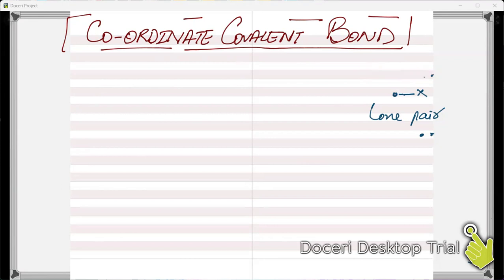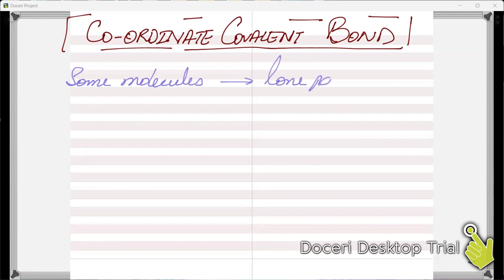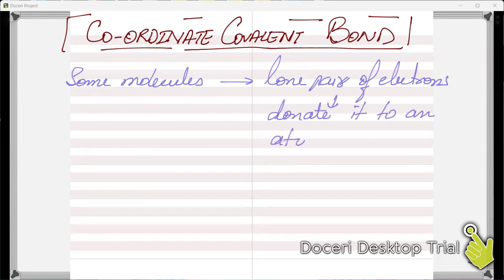So what we say when we talk about the coordinate covalent bond is that it is actually the one when some molecules have a lone pair of electrons, and they donate it to an atom, and that atom needs to be electron deficient.